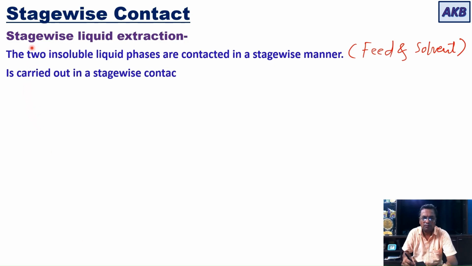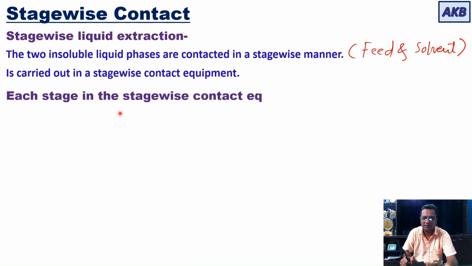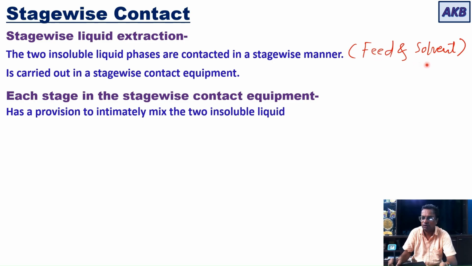And this operation, the stage-wise liquid extraction, is carried out in stage-wise contact equipment, an equipment where there will be multiple stages in it. Each stage in this equipment has provision for intimately mixing the two insoluble liquid phases, that is feed and solvent, and then the resulting mixture will be settling into raffinate and extract phases.